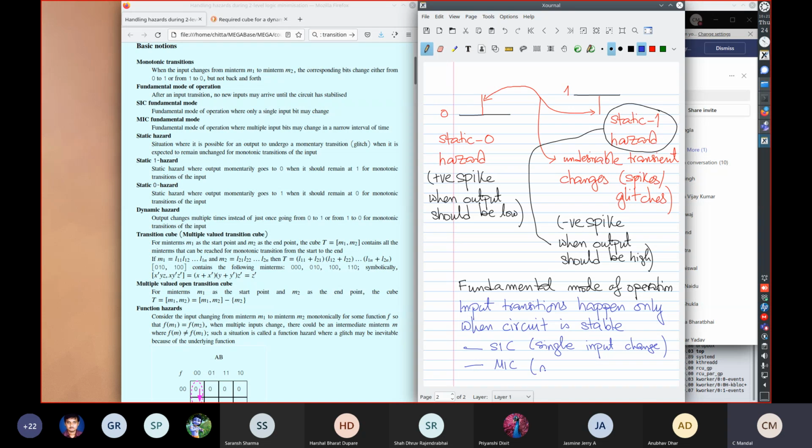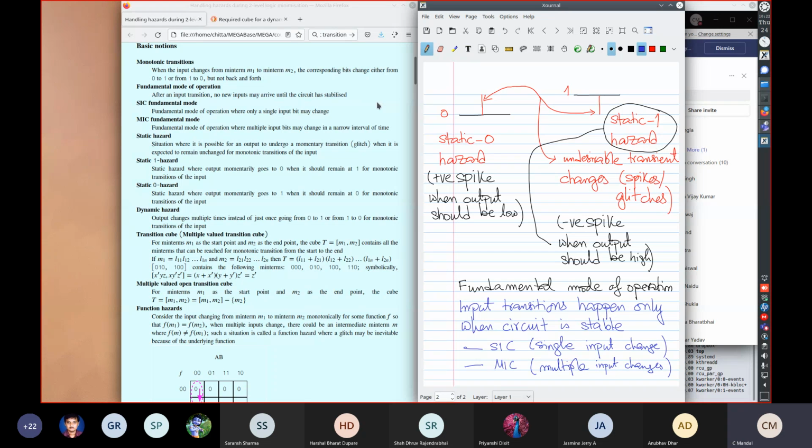Both can be studied. Single input change is easier to handle.